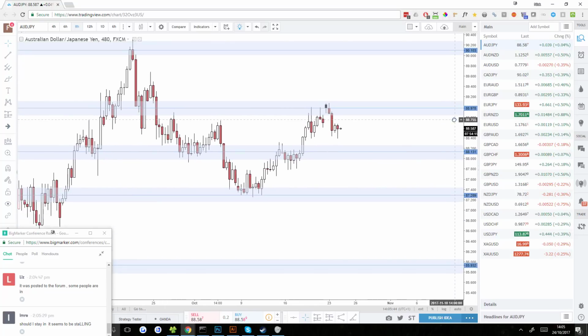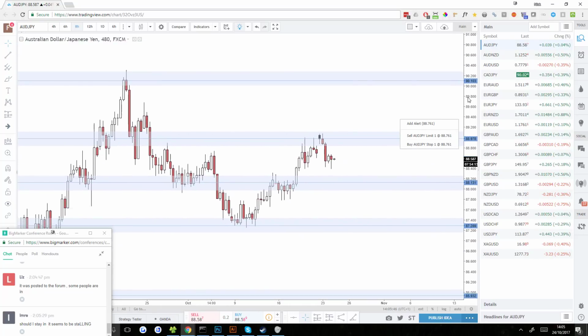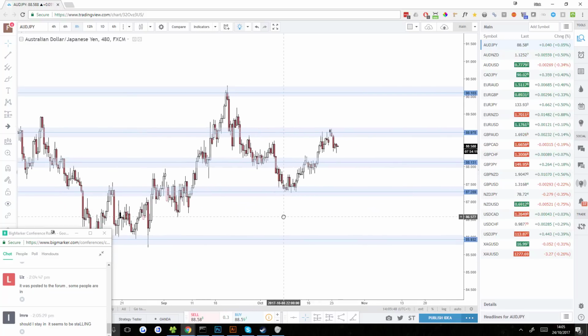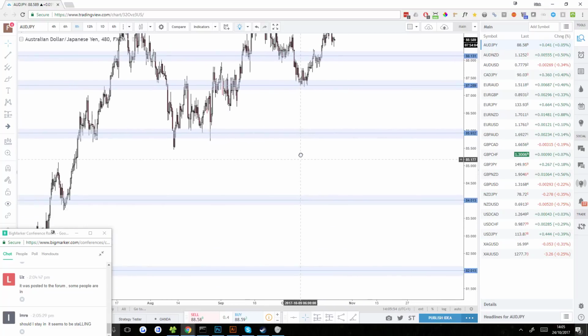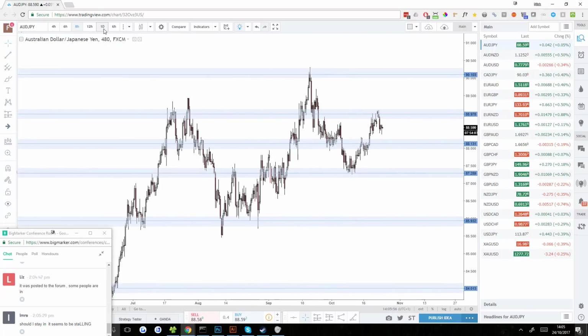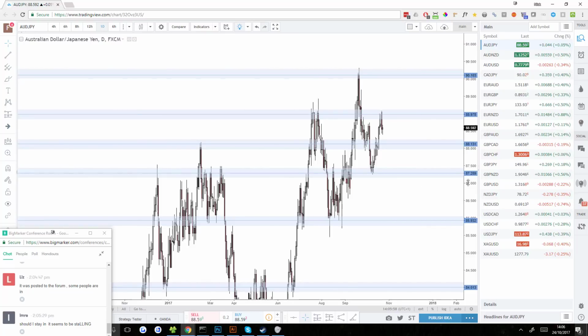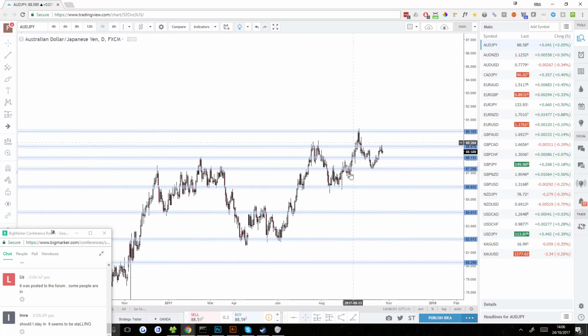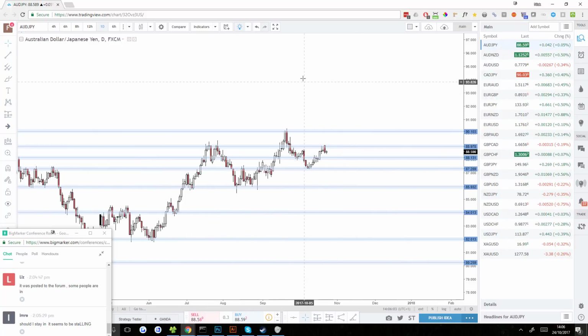It's a bit of a tricky one because, first of all, it looks like it might be starting a downtrend, which is good. Overall, if you look at AUDJPY on the daily chart, it's very likely still in an uptrend, but it looks like we might be starting to see a downtrend.